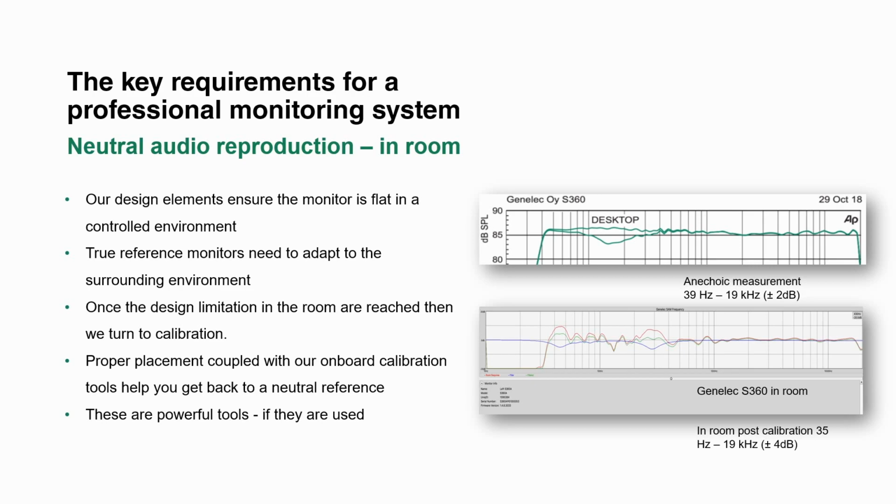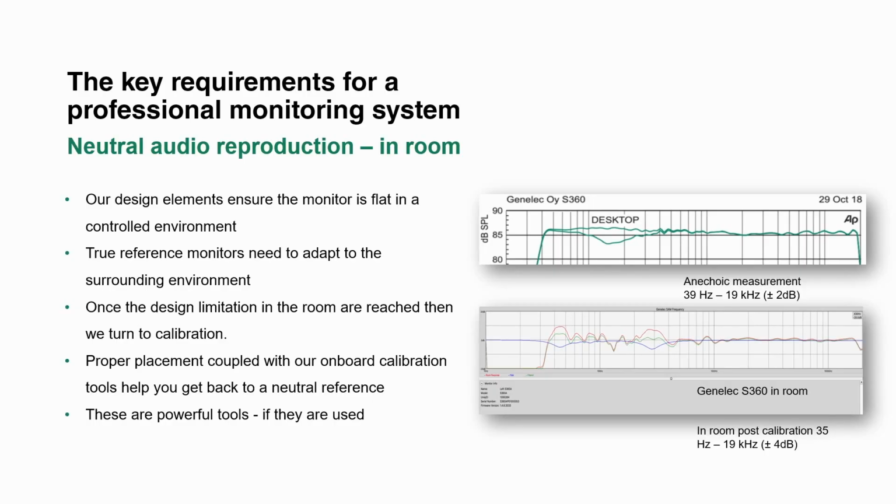Have you taken the time to see what the frequency response looks like? Have you been able to neutralize some of the in-room influences? And they might look at you a little bit sheepishly and say, oh no, I haven't. So what we try and do at Genelec is to guide our customers and encourage them to calibrate their systems.